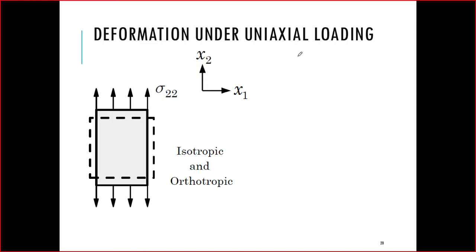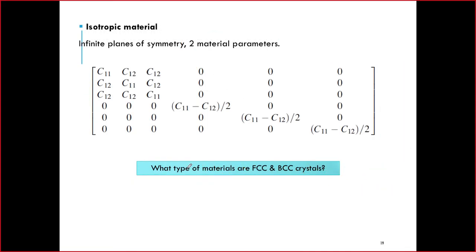Just look here, look at the behavior of an isotropic and an orthotropic material just for reference, and I want you guys to keep this in mind. This is an isotropic material.